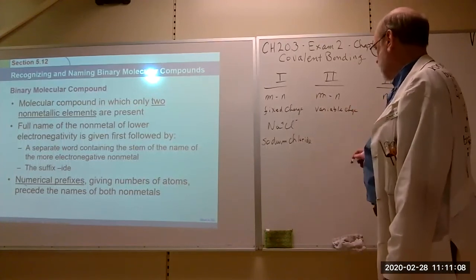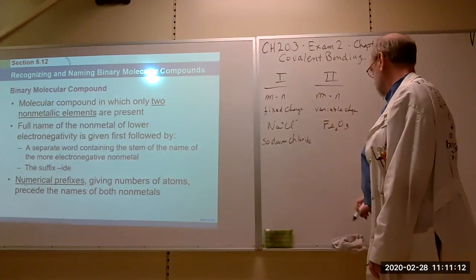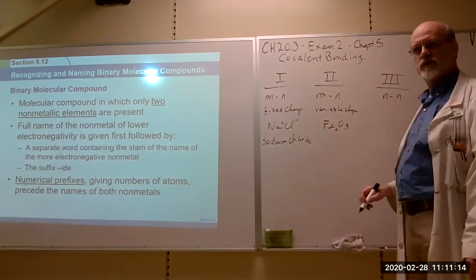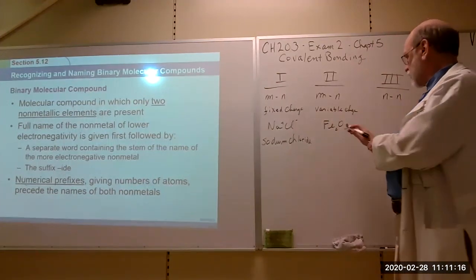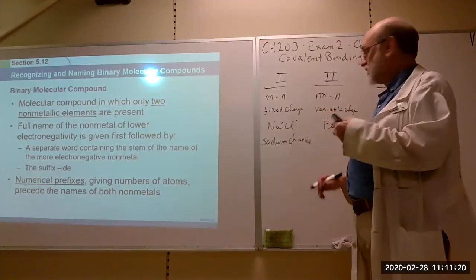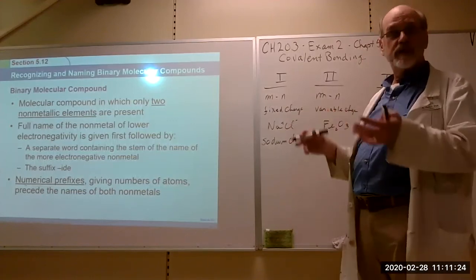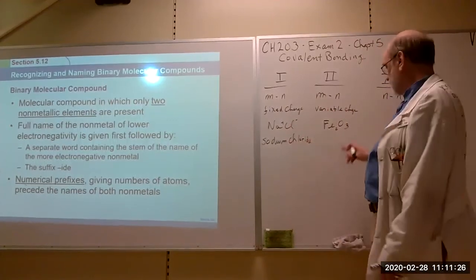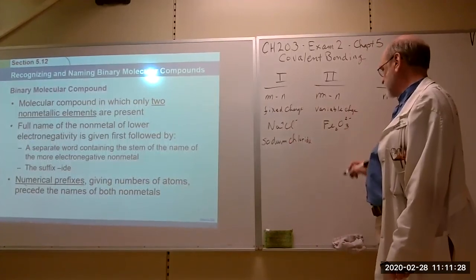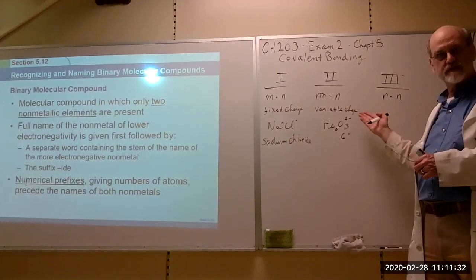Variable charge. If we have something like this, Fe2O3, you look for iron. Iron is here. So it's a transition metal. It can have variable charge. Now what you have to do is decide what is the charge, right? Oxygen is always 2 minus. So that's 6 minus total, 3 times 2 minus.